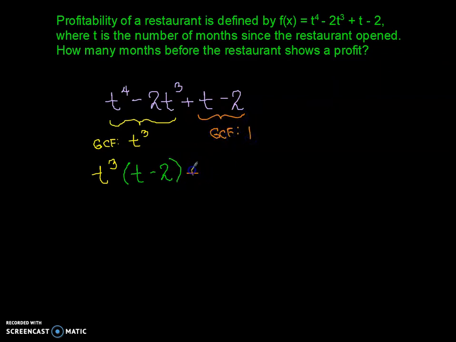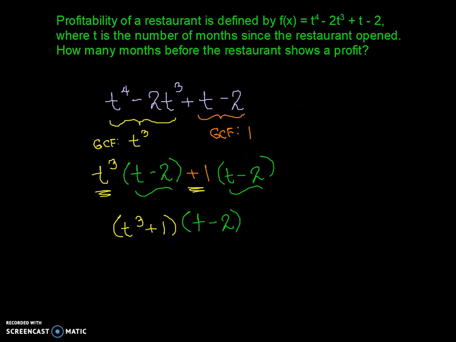So if I put a positive 1 and factor it out of the other 2 terms, t divided by 1 is t, and negative 2 divided by 1 is negative 2. Only if the 2 parentheses are the same can this higher degree polynomial be factored. Otherwise, you would have to solve for t using the rational zero test. The 2 GCFs on the outside go into their own parentheses.